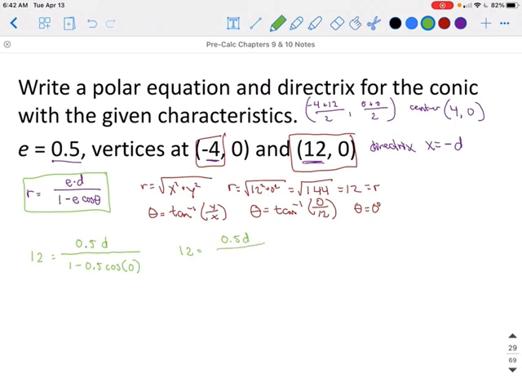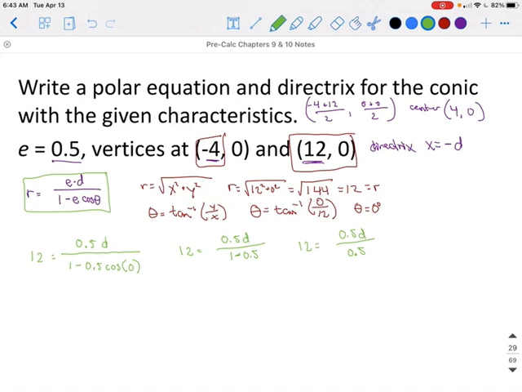Now, if we do 1 minus 0.5 times the cosine of 0. Cosine of 0 is just 1. So this would be 0.5 over 1 minus 0.5, because 1 times 0.5 is just 0.5. 1 minus 0.5 is 0.5. We have the same number on the top and the bottom.